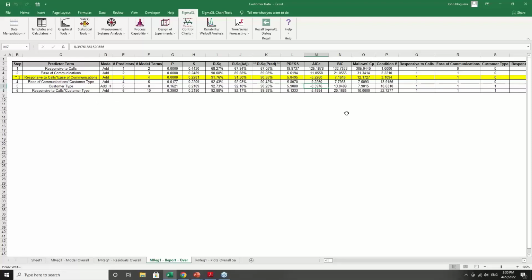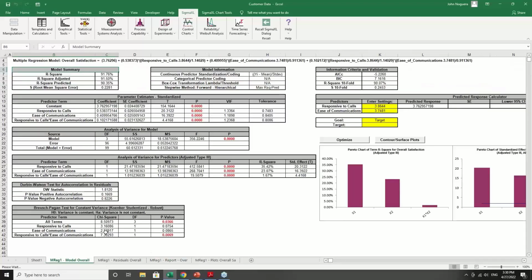You can look at the different models. You can look at the different metrics. Yes, you want to maximize R-square predicted, but you want the model to be as efficient or parsimonious as possible. And so you have all of these report metrics that you can use to look at. So this ended up being the model that we used in the first. And you'll see here the stepwise method, forward hierarchical, and the criterion is maximum R-square predicted.